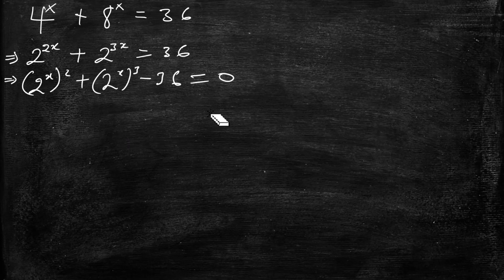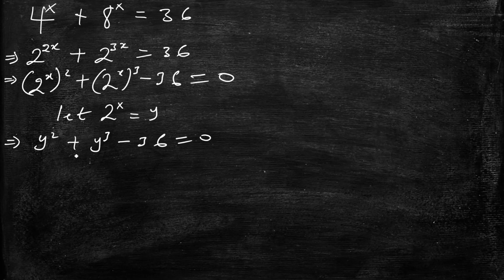We have 2 raised to x in common here. Let 2 raised to x be y. So let's substitute: y squared plus y cubed minus 36. Arranging it, we have y cubed plus y squared minus 36 equals 0.